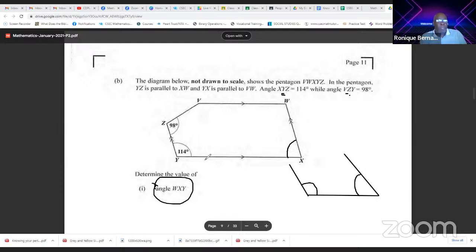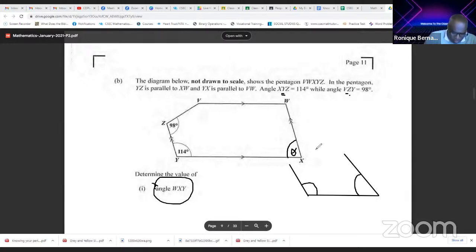Now, if they're asking for the angle at X, right here, knowing that they are between two parallel lines, knowing that the sum of the angles formed between two parallel lines is 180 degrees, what do you need to do to determine the angle formed right here?